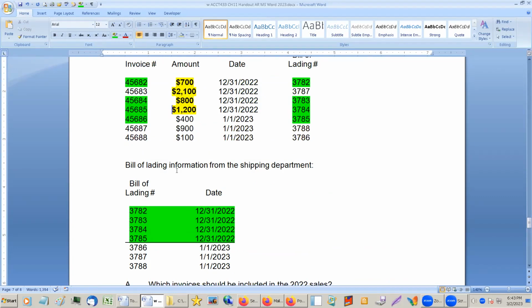Well, what we need to do is figure out the totals for these. All right, I'm just gonna do it on the side here. So let's see here. We have 3782 was for $700. Let's write it in. 3783 was 800. 3784.